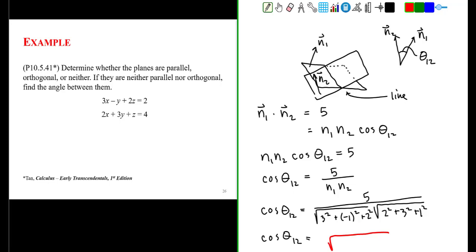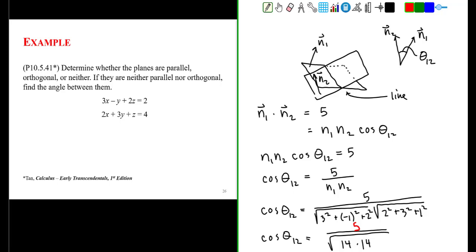Let me see if I could do this in my head. 9 plus 1 is 10, plus 4 is 14, times 4 plus 9 is 13, plus 1 is, wow, we got lucky on this problem. Let me see if I did that right. 3 squared is 9. 9 plus minus 1 squared is 10, plus 4 is 14.